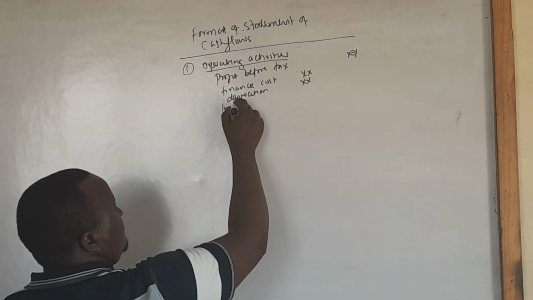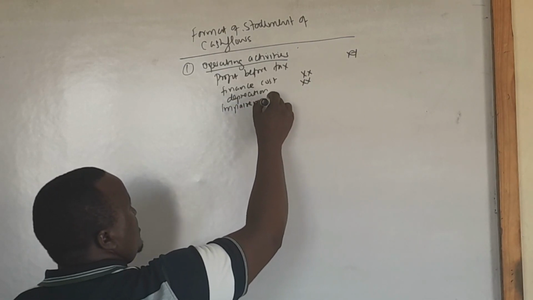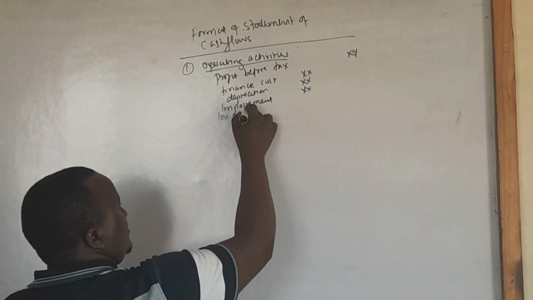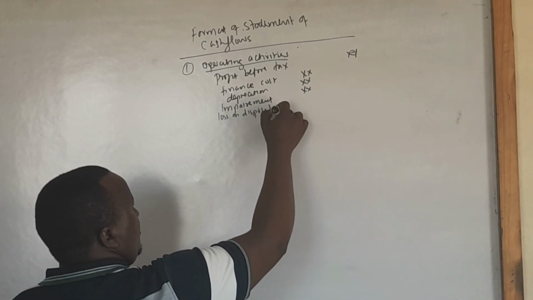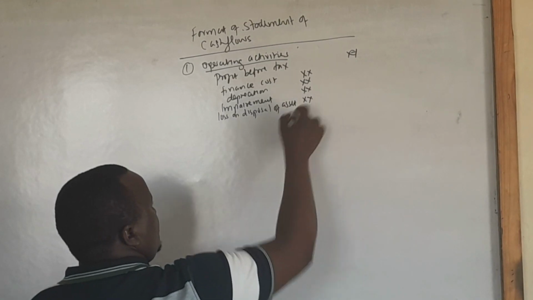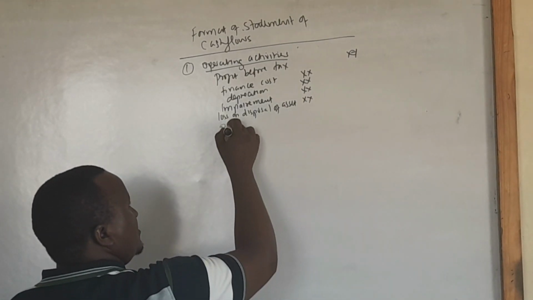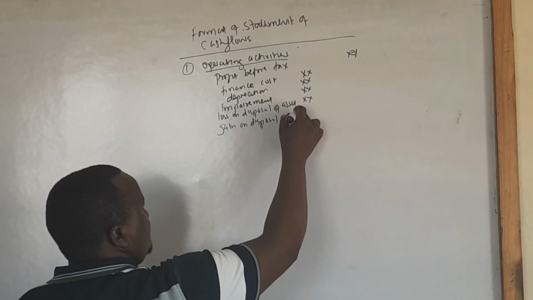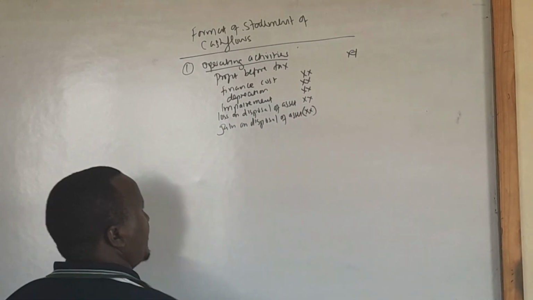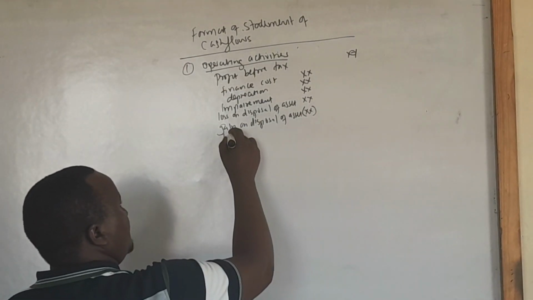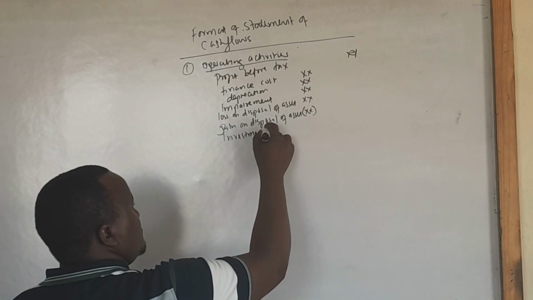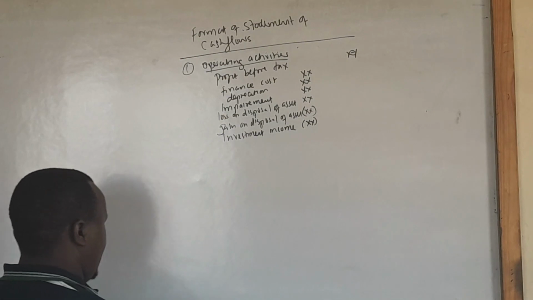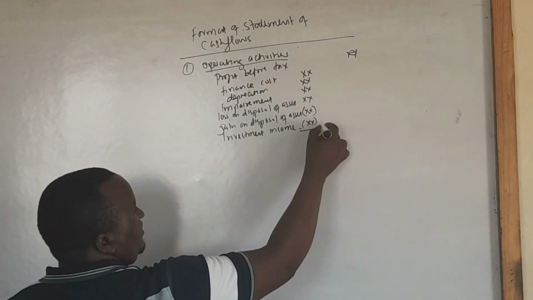If there was any impairment of the intangible, loss on disposal of asset, then you have the gain on disposal of asset. Any gain we minus. Investment income, again we minus. We shall do what we call reclassification.